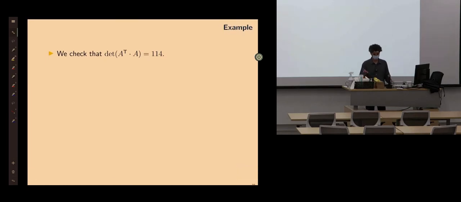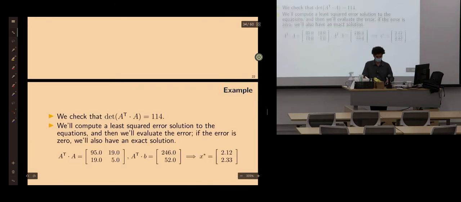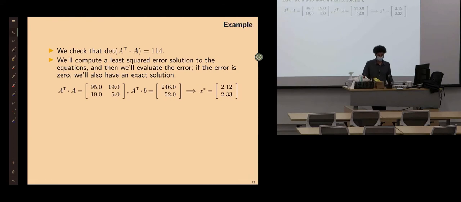The first thing we check, and we could check this example by eye, is that the determinant of A transpose A must be non-zero. That checks out. Then we'll calculate A transpose A. That will give us a 2 by 2 matrix because we have 2 columns. Don't forget the right-hand side of the normal equations.